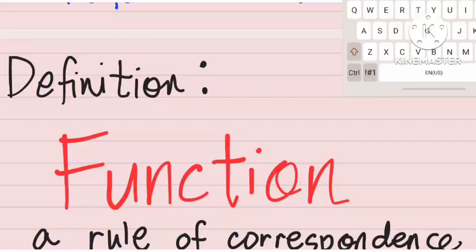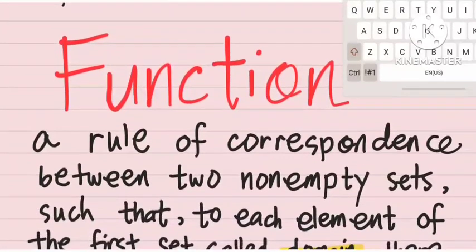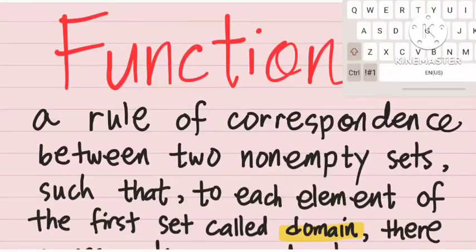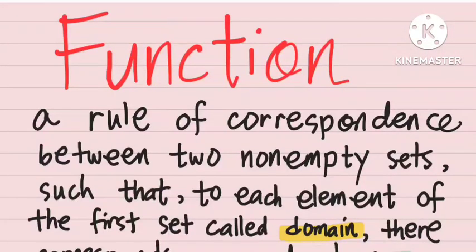Let's start our discussion on the definition of function. We say that a function is a rule of correspondence between two non-empty sets. So, take note that a function is a rule in which we have to connect or relate two non-empty sets.